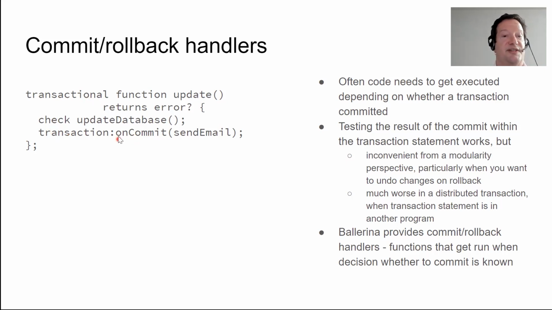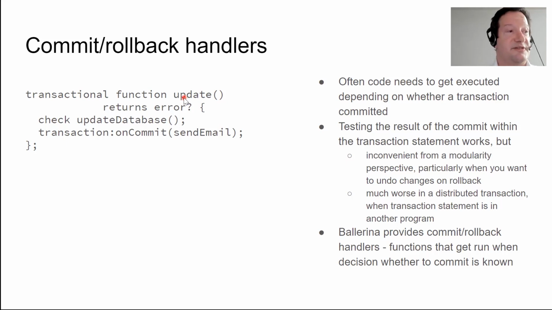okay, when this function commits, run this function. You say on commit, run this function. This is particularly useful. Imagine that update is being called from a transactional service method.